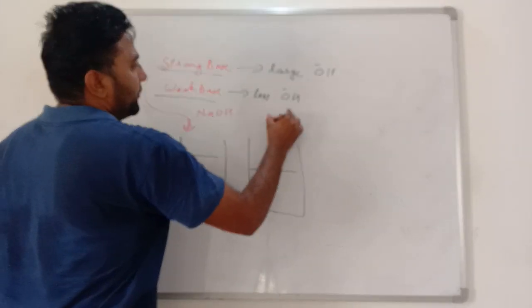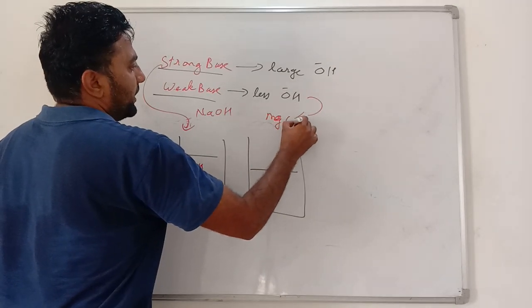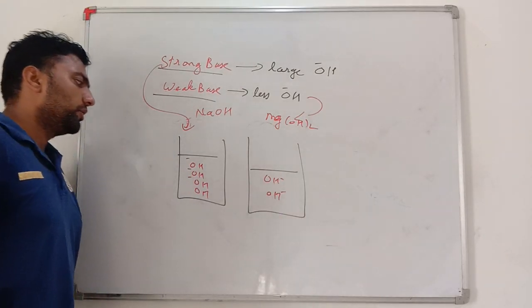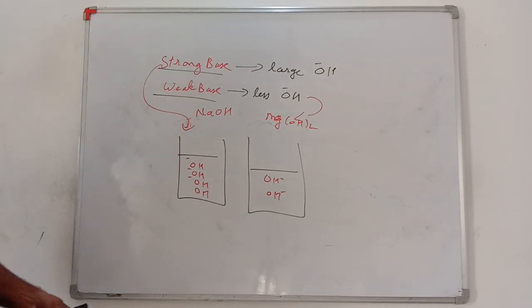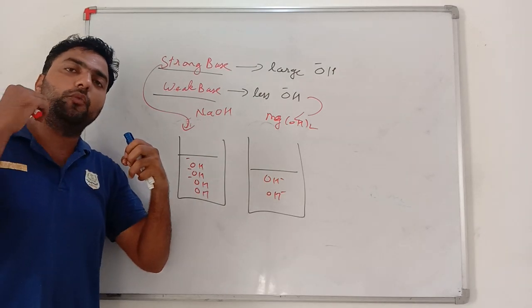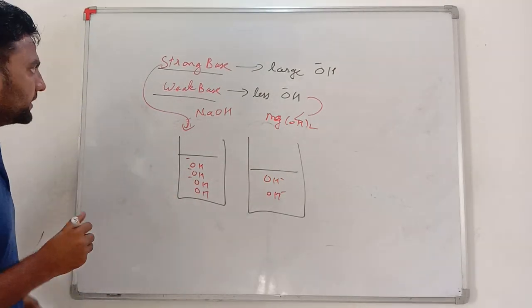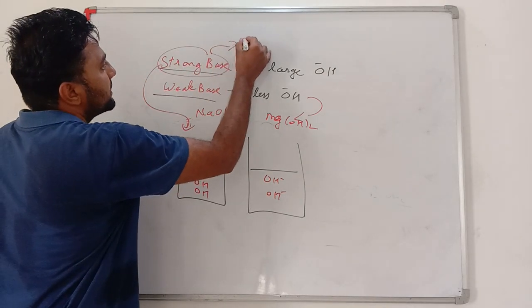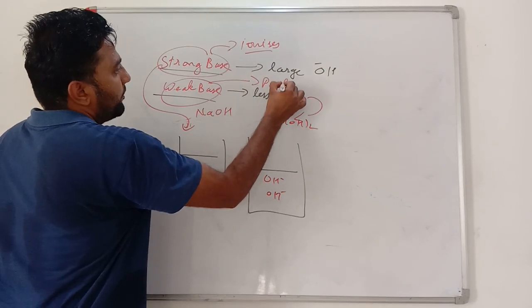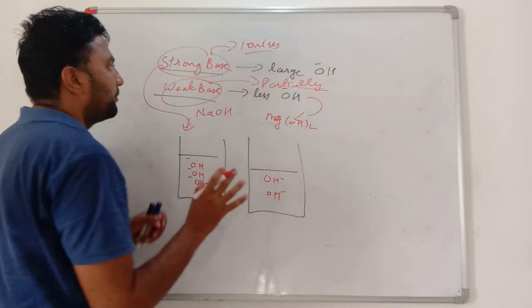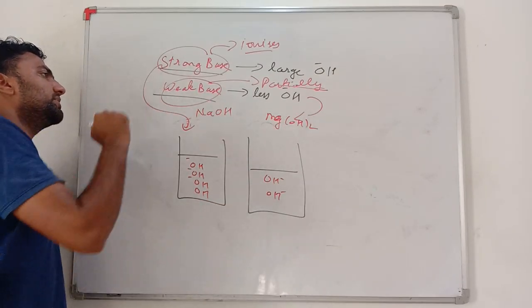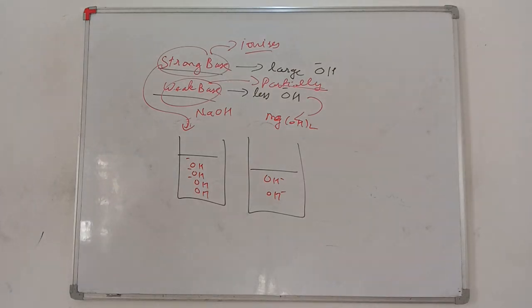But if a weak base such as magnesium hydroxide is being added, it gives less number of OH minus ions. So very important, strong base and weak base are based on the ability to give more number of OH minus ions. The reason is that strong base ionizes fully, whereas weak base ionizes partially. As it is partially ionizing, it is giving very less number of OH minus ions, because of which it is weak. Okay, my dear students.